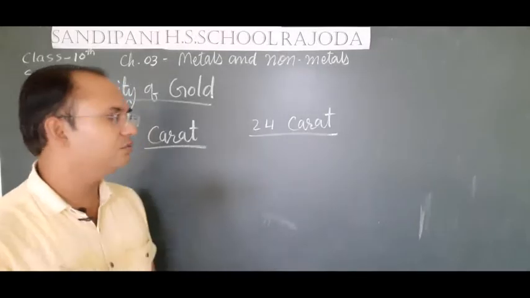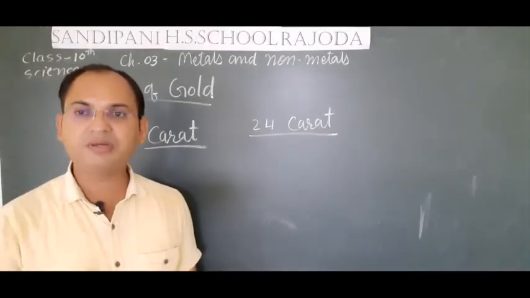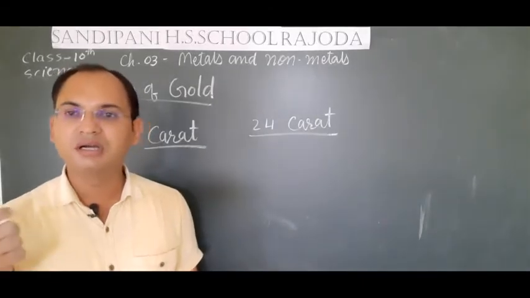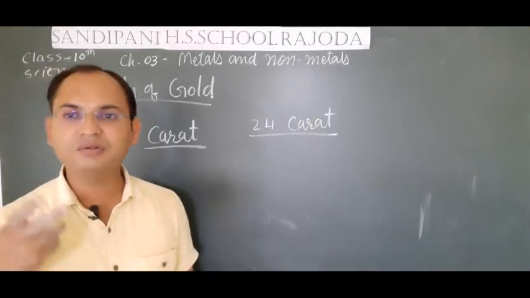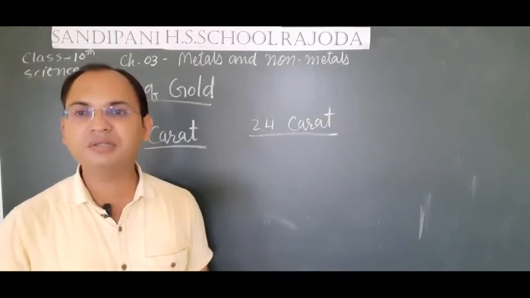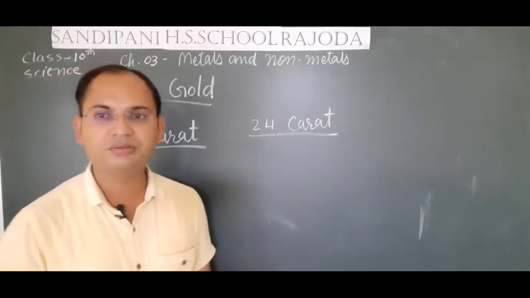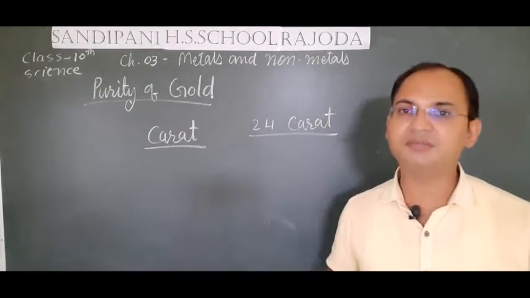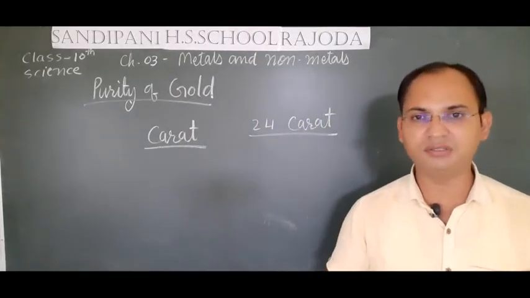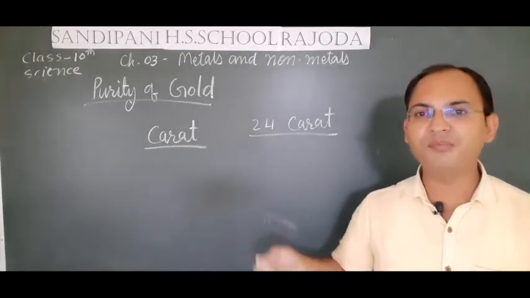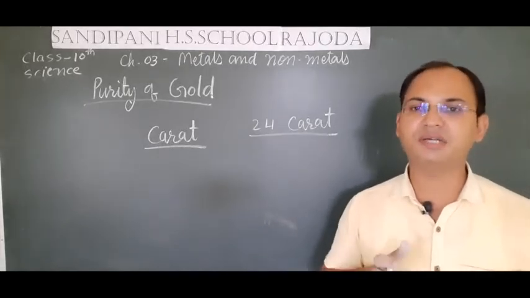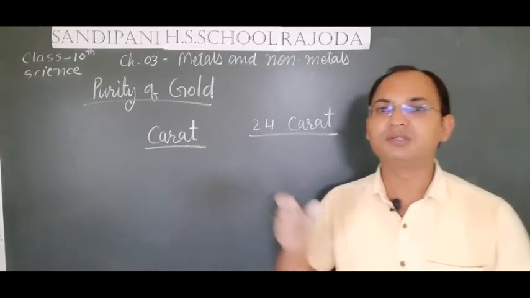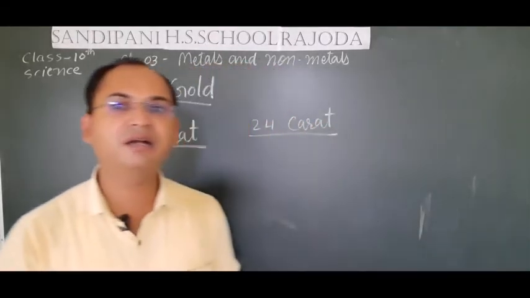But students, as you know, pure gold is very soft in nature, so it is not fit for making ornaments or jewelry, because the carving of the design will get disturbed by the softness of the gold. So in order to make it suitable for making jewelry, goldsmiths add some impurities in it to make it a little hard.